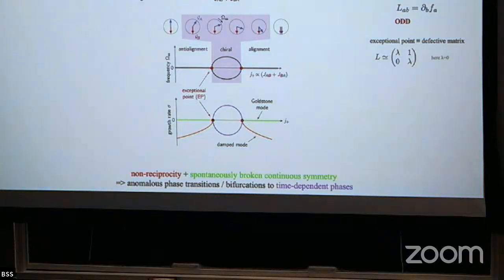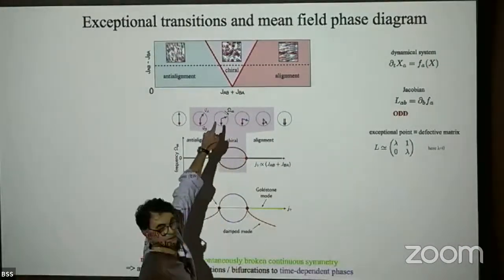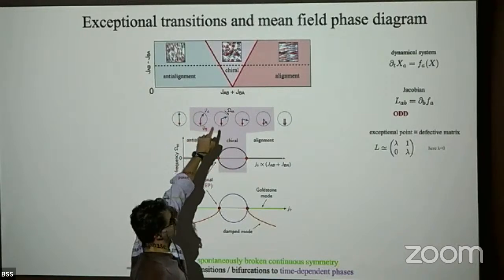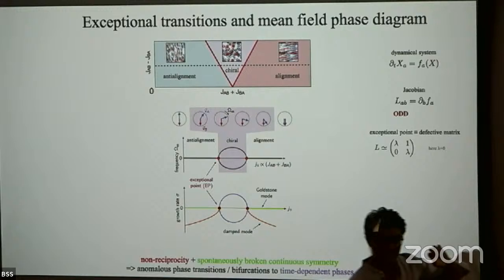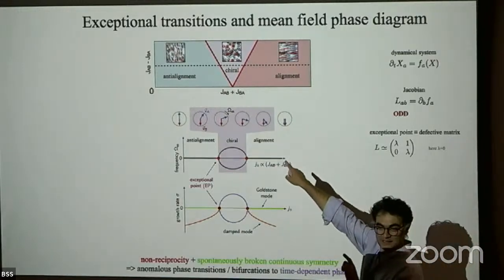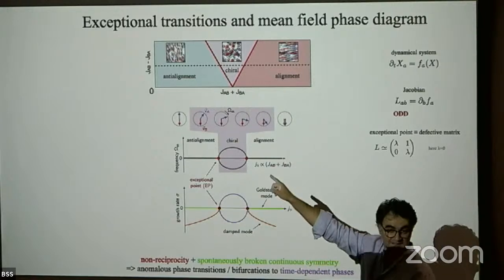So first of all, this thing up here is the phase diagram for the Vicsek model. Notice that in the Vicsek model, you can take the sum of J_AB plus J_BA and the difference.